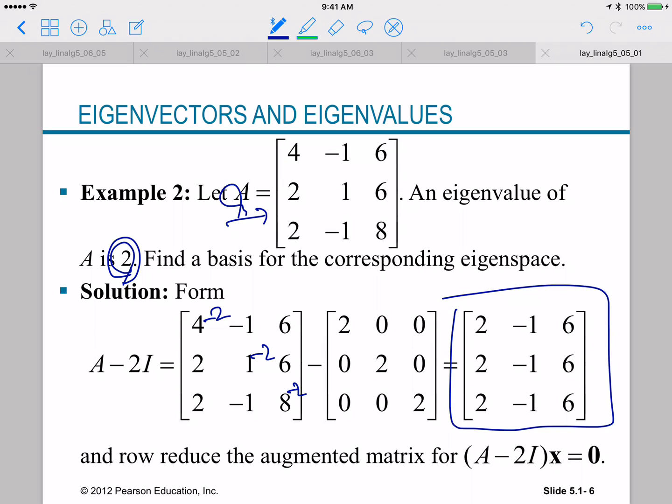That should be singular, or should have linearly dependent columns. Since it's a 3x3 matrix, let's do the row reduction. What will we obtain?